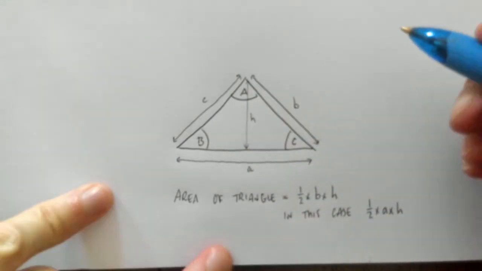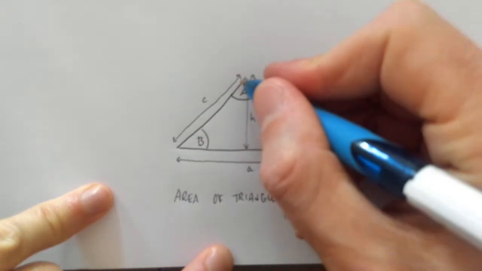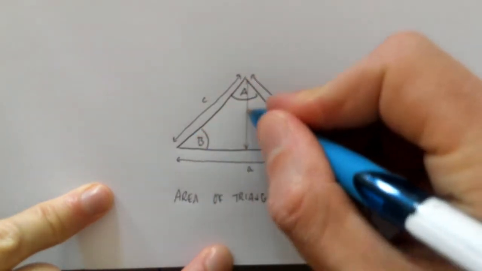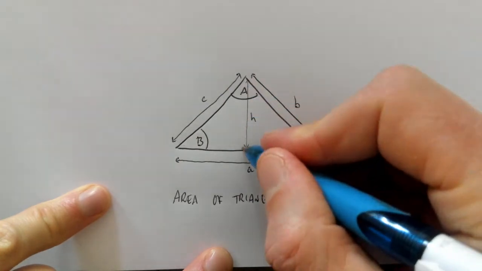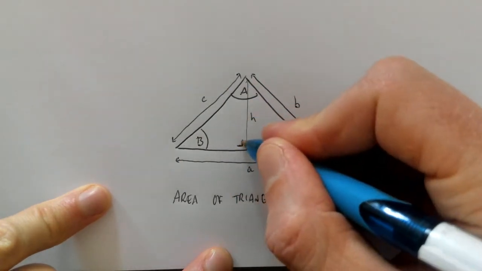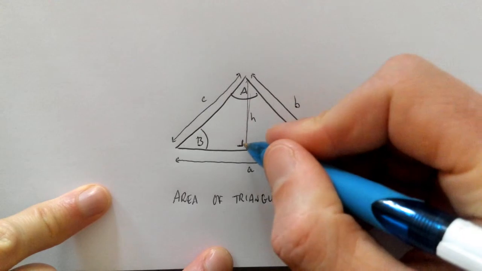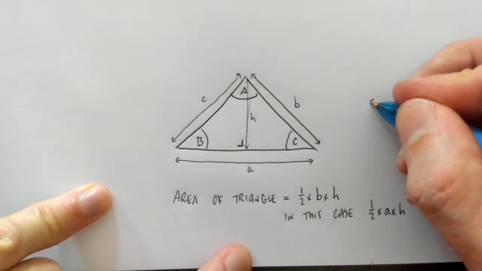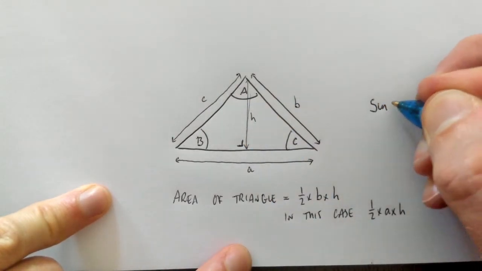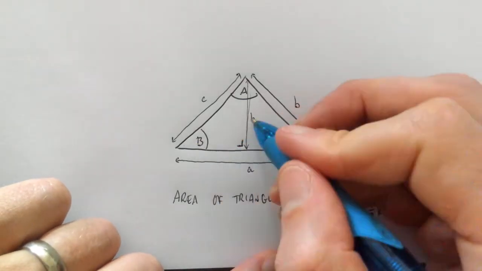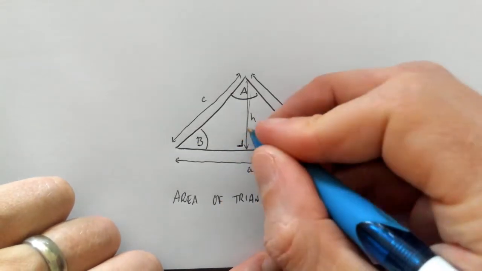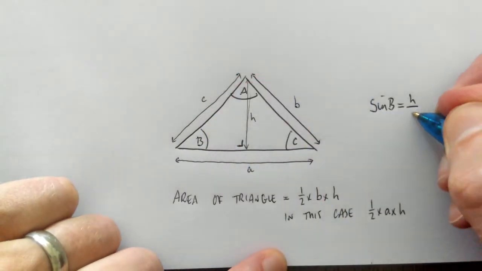Now, if we look at this triangle here, standalone, watch my pen. This one here is a right angled triangle if I use h as a side. So I can use the sine rule. Sine of B is equal to opposite, which is h, divided by c.